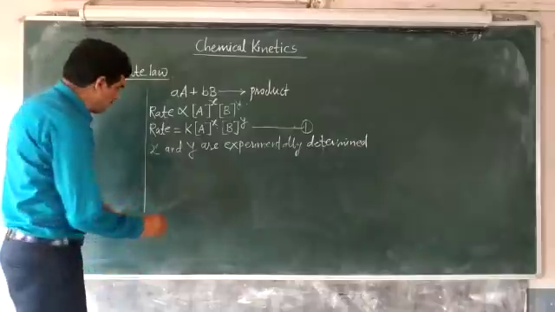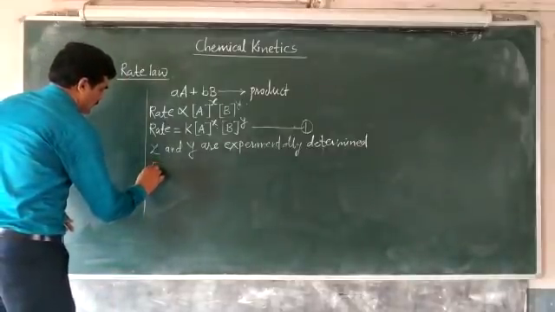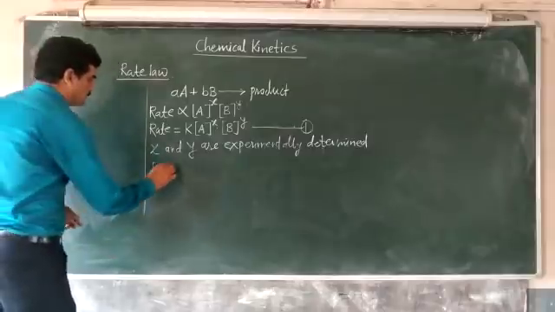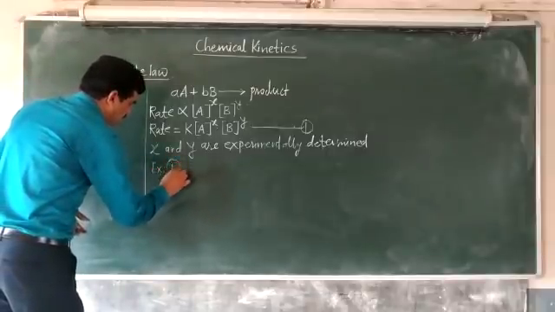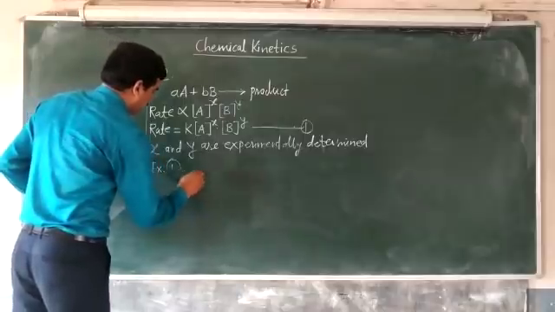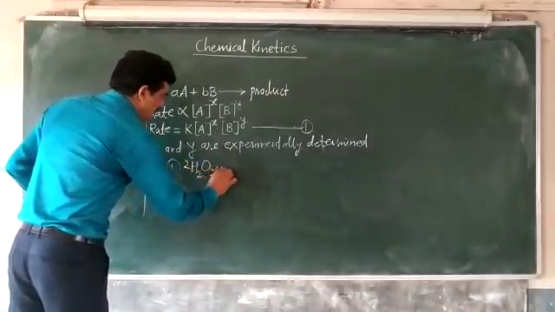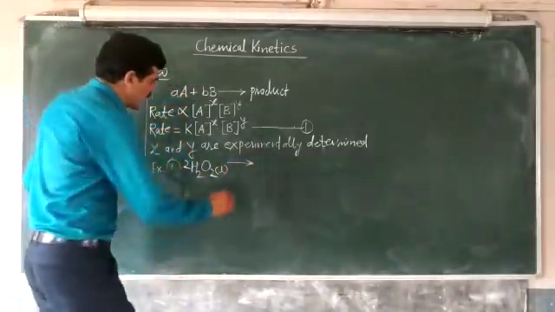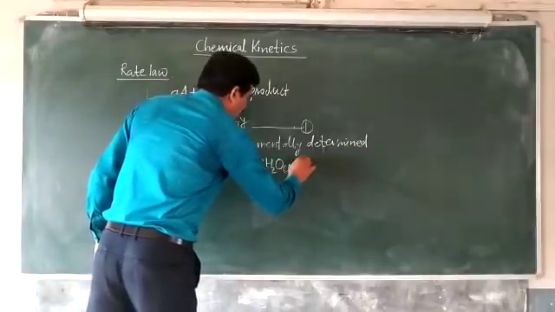We can take an example of a chemical reaction: decomposition of hydrogen peroxide. The decomposition of hydrogen peroxide gives H2O and O2.